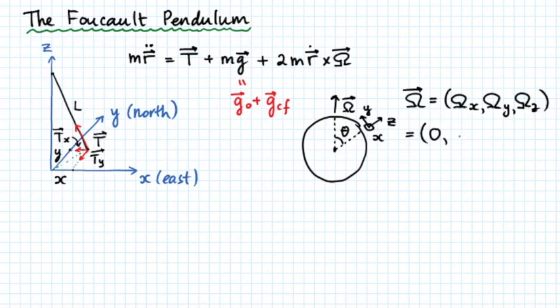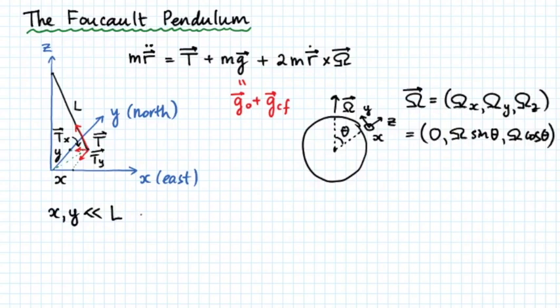Y component is given by omega times sine theta, the polar angle, and z component will be given by omega times cosine theta.